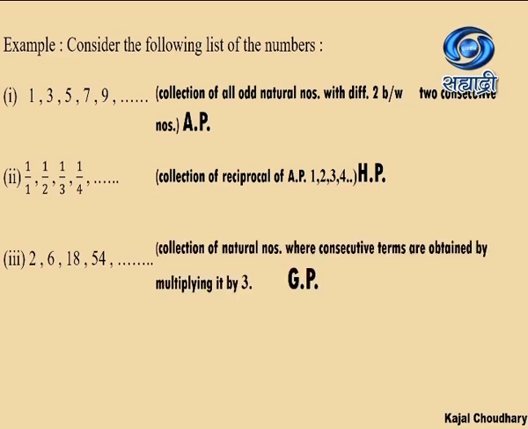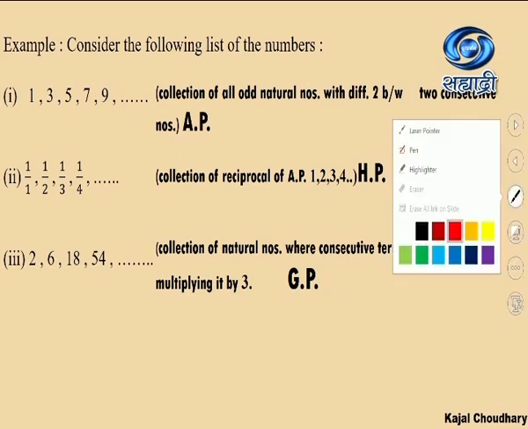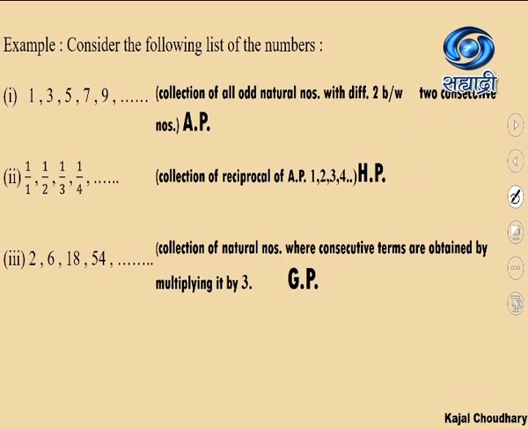And the last one is getting multiplied, or we can have sequences where we get terms by dividing by a fixed number. Such sequences or progressions are called geometric progression. What you need to observe carefully here is the relationship. In arithmetic progression, the relationship is of difference, whereas in harmonic, the relationship exists in the denominator.